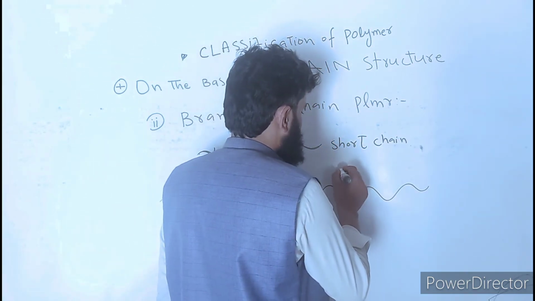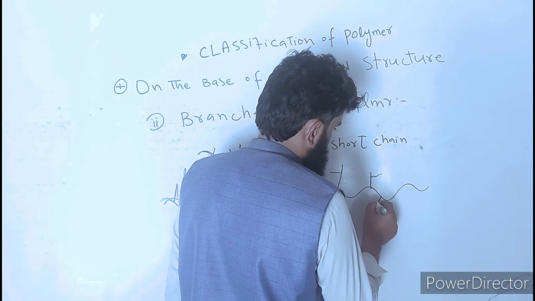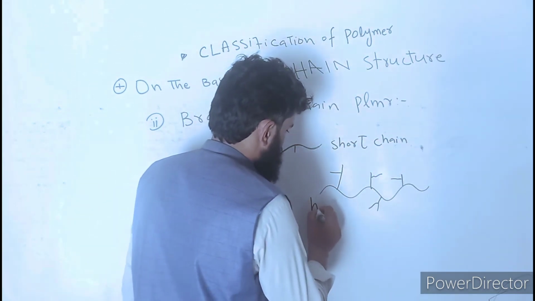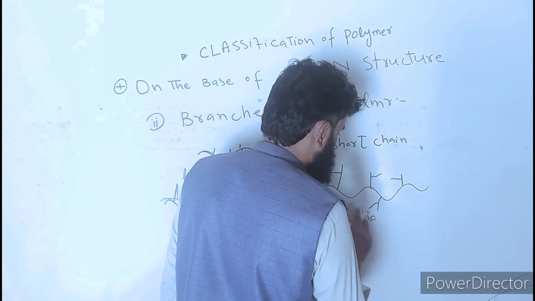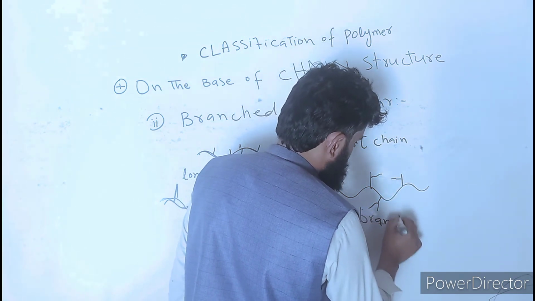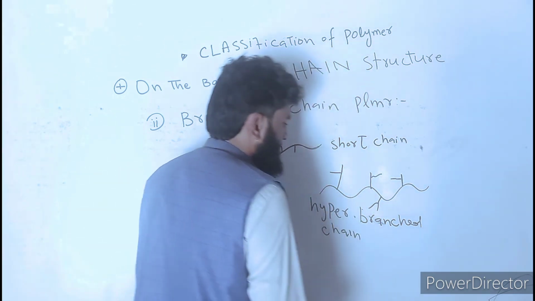There is another type of polymer, for example, this. Clear? These are known as hyper branched chain polymers.